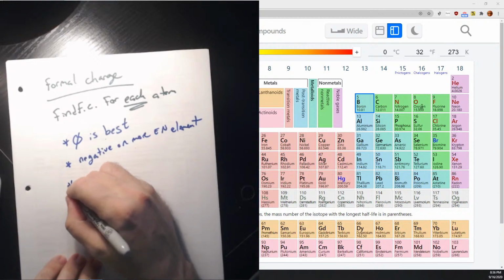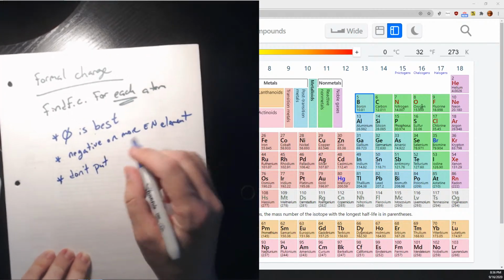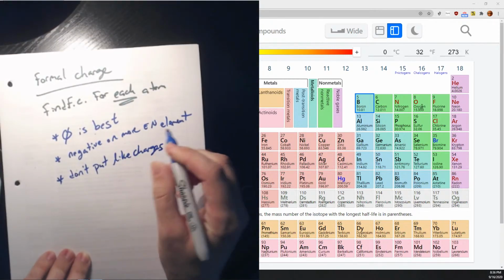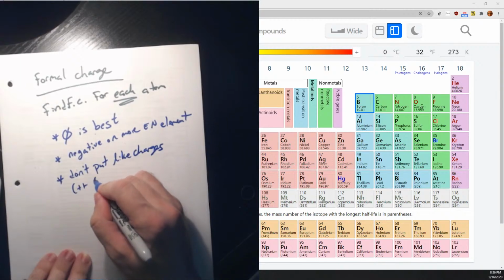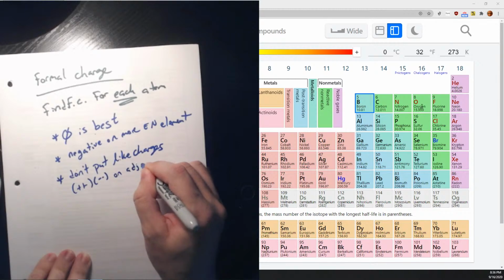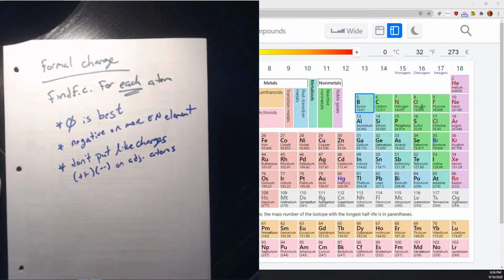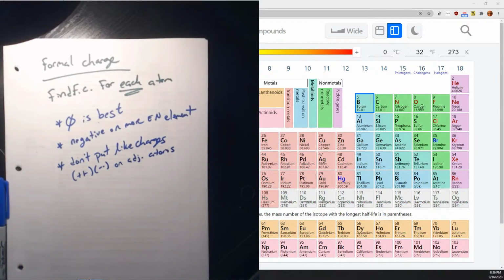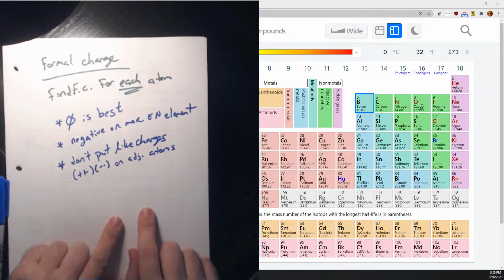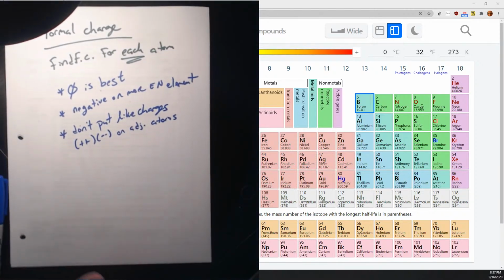And finally, don't put like charges on adjacent atoms. You don't want positive charges next to each other. You don't want negative charges next to each other. That's just bad. Okay. So how do you calculate formal charge?